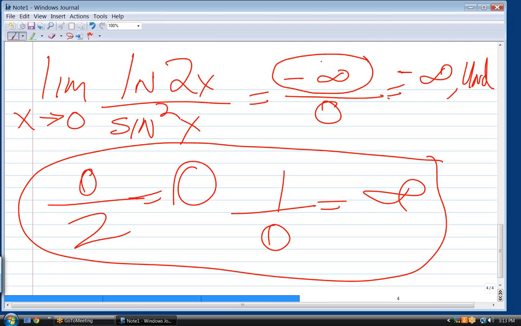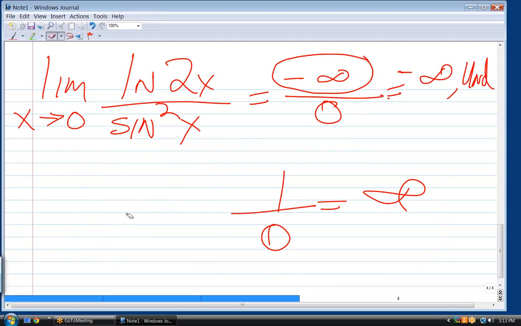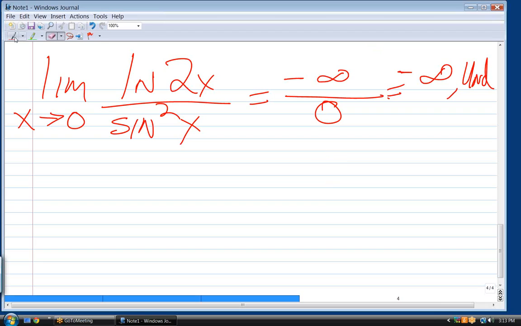And this is actually double that. Not only do we have a number divided by 0, we have infinity divided by 0. That's even bigger infinity. I mean, that's not correct mathematical speak, but all right. What else?